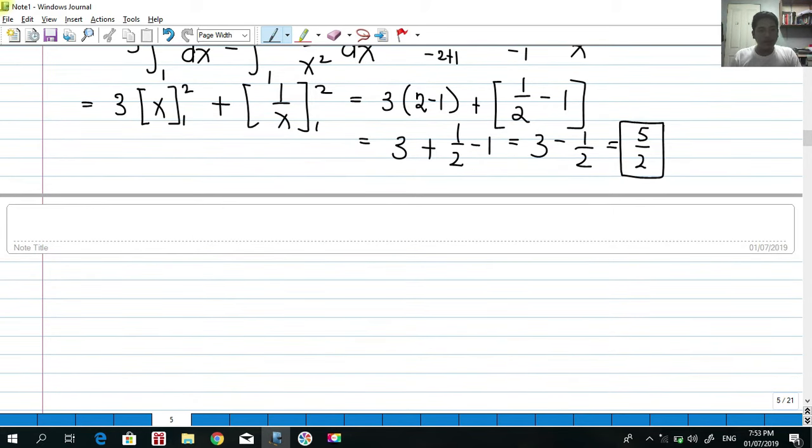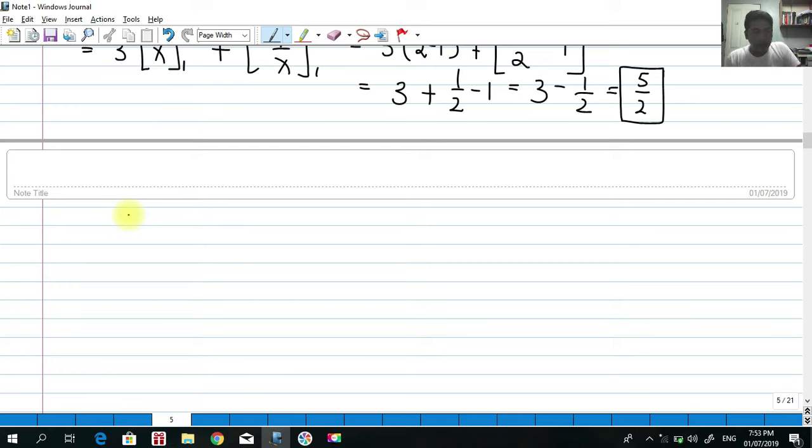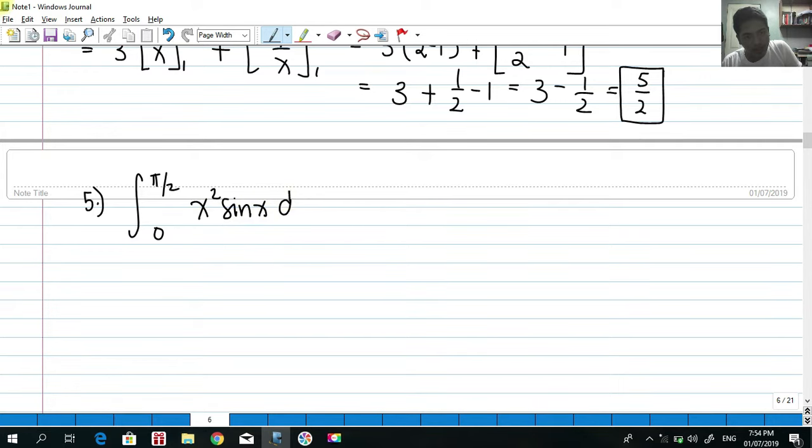So let's try another one. This time let's try number 5: the integral from 0 to pi over 2 of x squared sine of x dx.